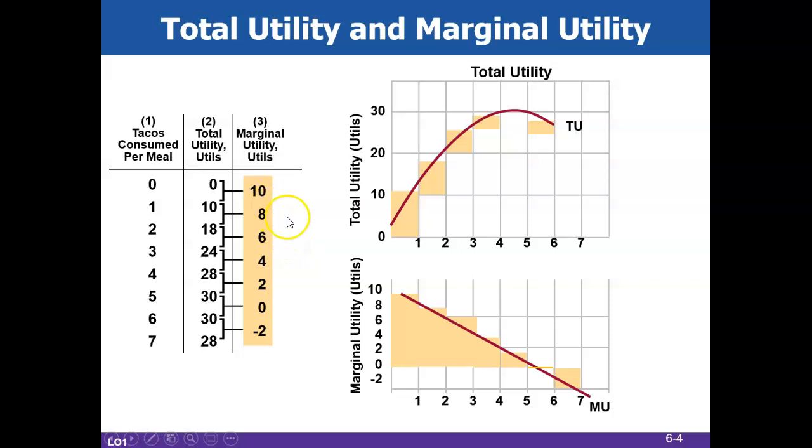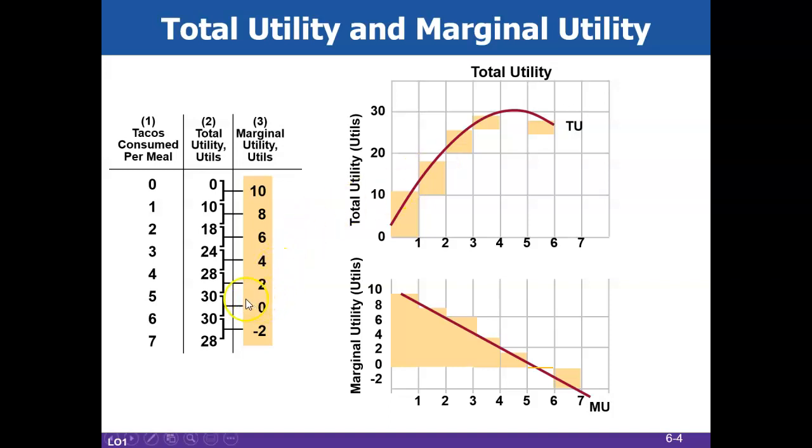But at the same time, your total utility is increasing because these are still positive numbers. Even though you're getting less and less utility from each next taco, this little utility is still being added to total utility. We would describe this as total utility is increasing, but at a decreasing rate, because marginal utility is going down.